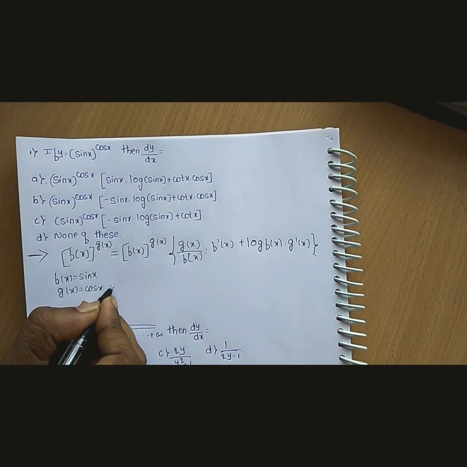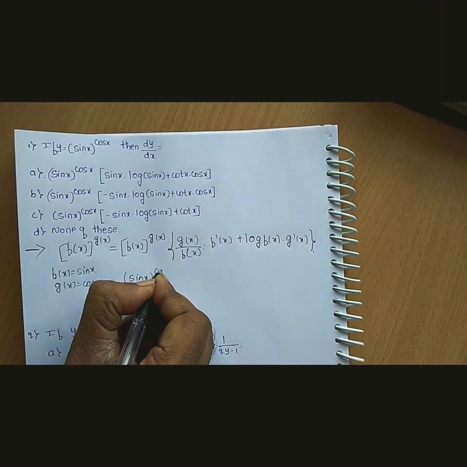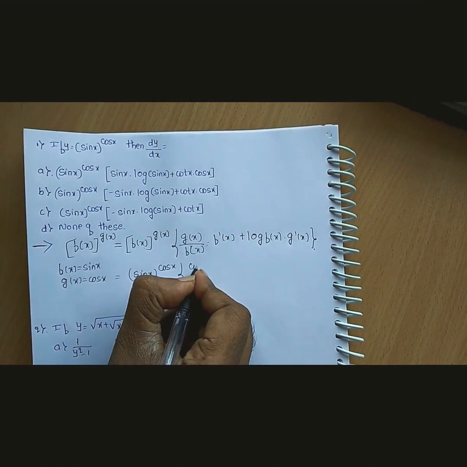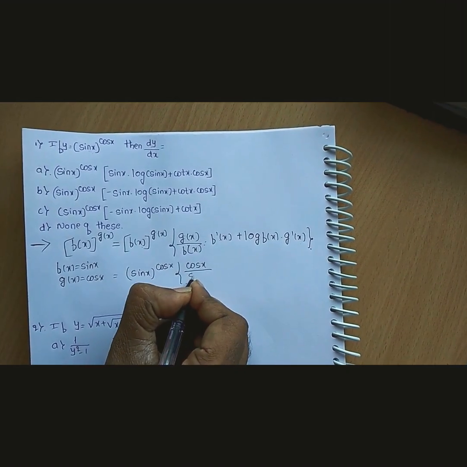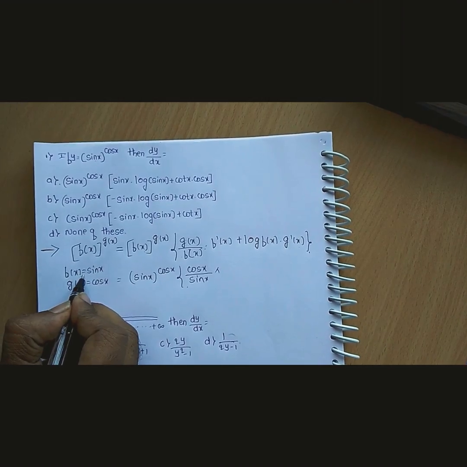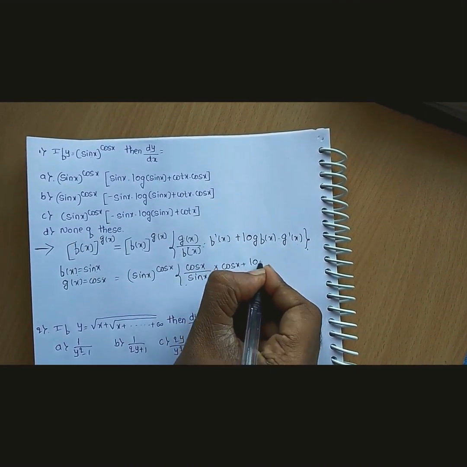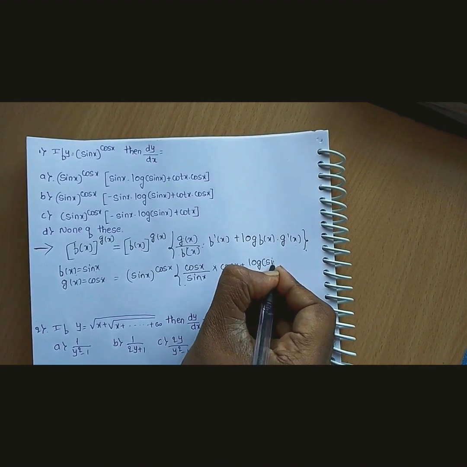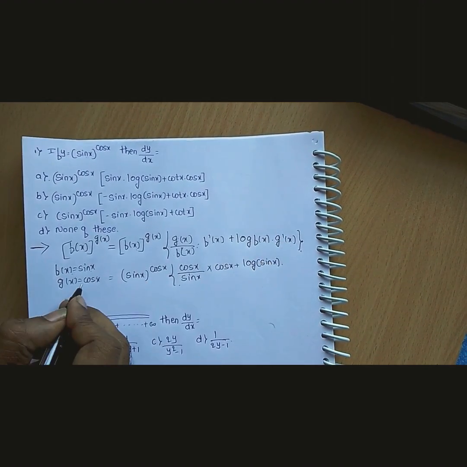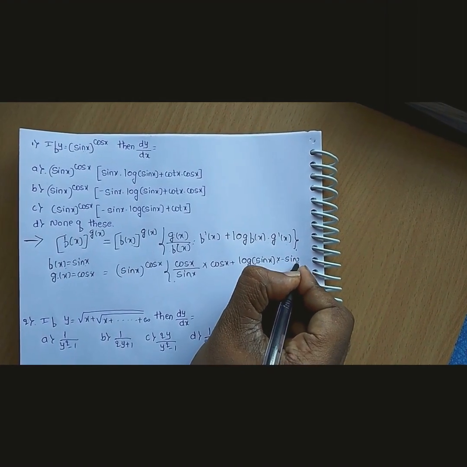Applying the shortcut, we get sin x to the power of cos x into cos x divided by sin x into f dash of x, which is the differentiation of sin x, that is cos x, plus log of sin x into g dash of x, which is the differentiation of cos x, that is minus sin x.